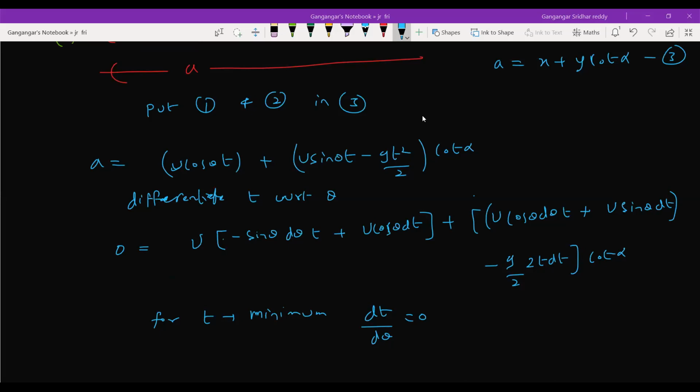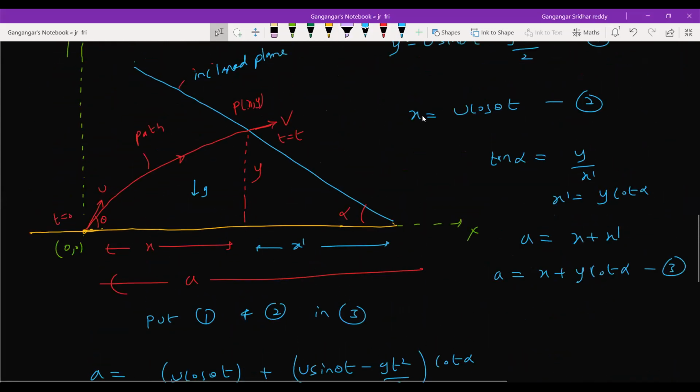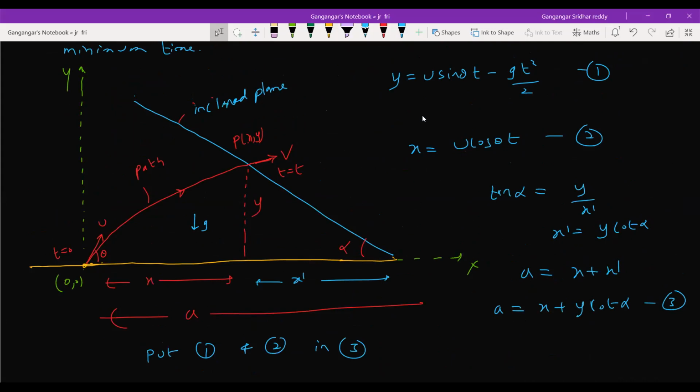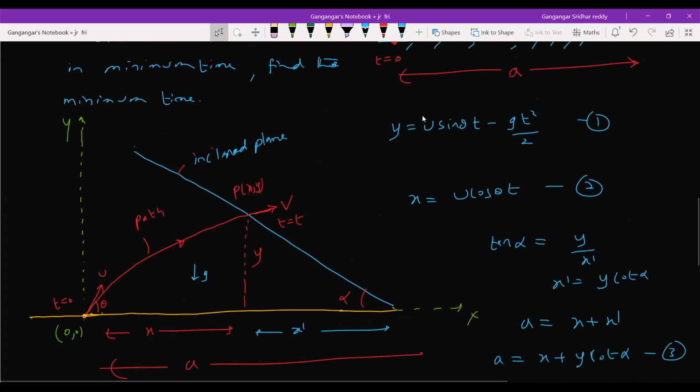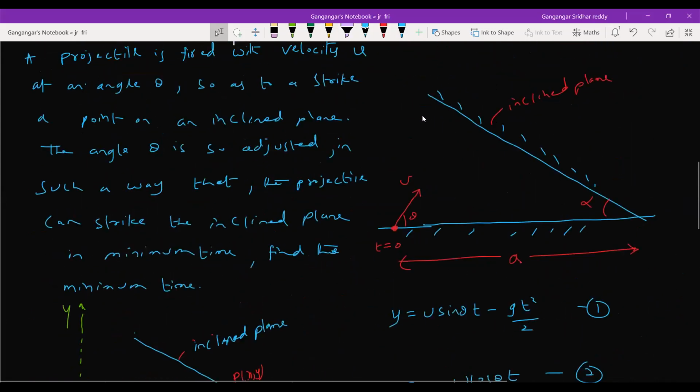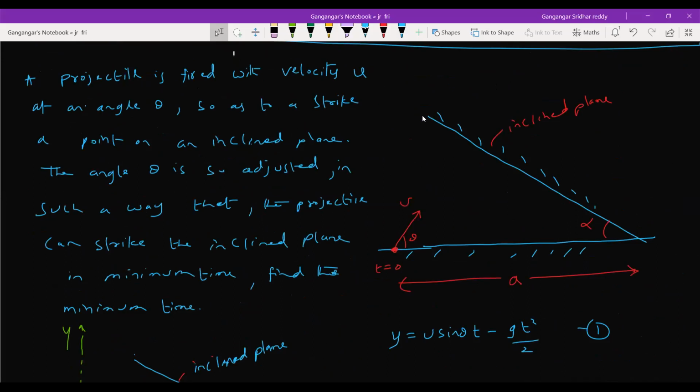Okay, I'll write it here. Yeah, fine. Solve this. Somebody asked to scroll up to the question diagram.